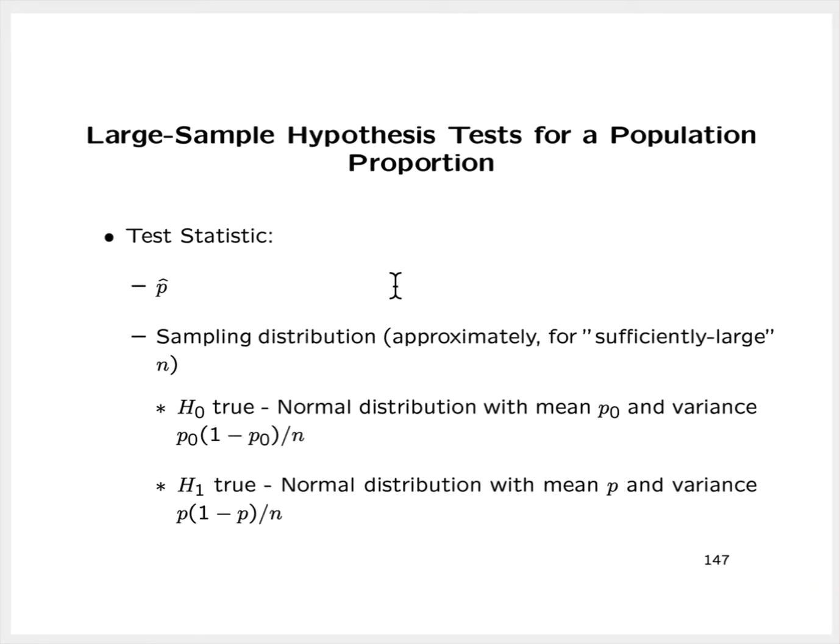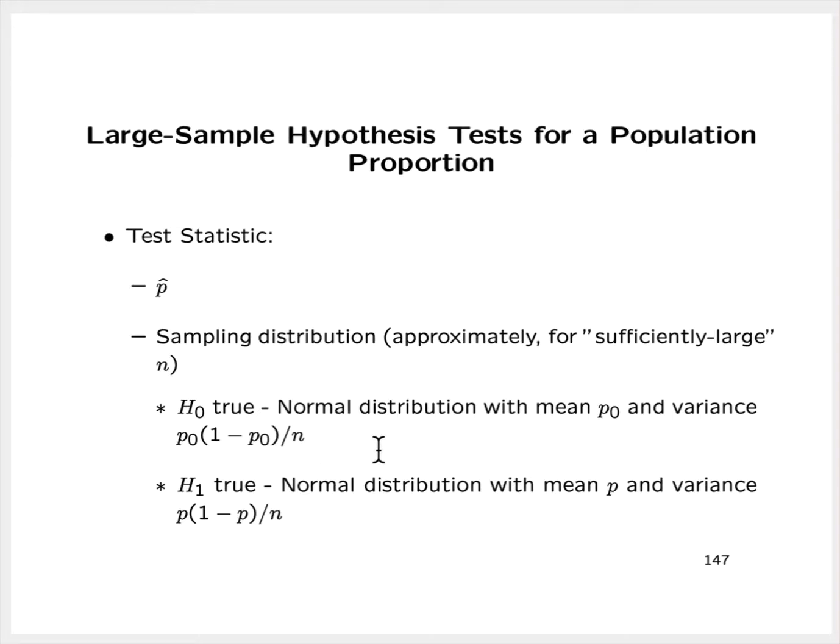And so we can use p hat as the test statistic, as we have been. If we use p hat as the test statistic, then for sufficiently large sample sizes n, the sampling distribution of p hat, if the null hypothesis is true, is normally distributed with a mean of p0 and a variance of p0 times 1 minus p0 over n.